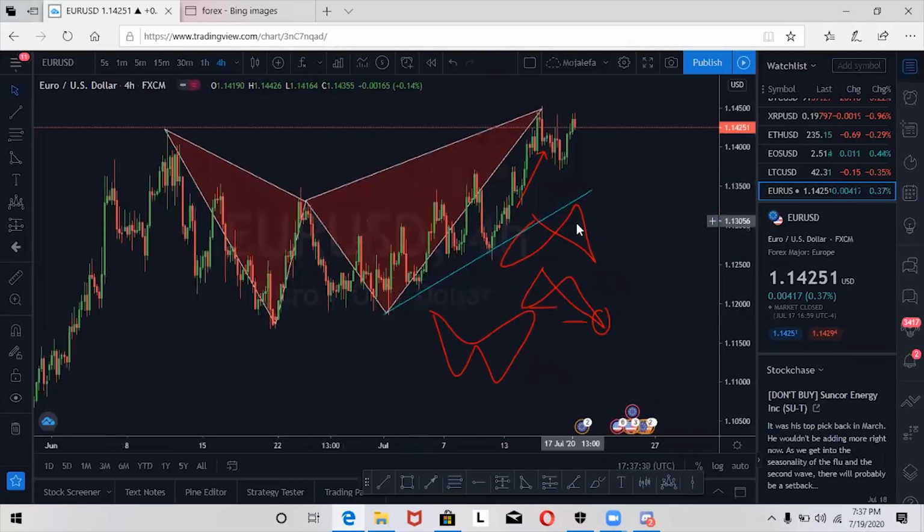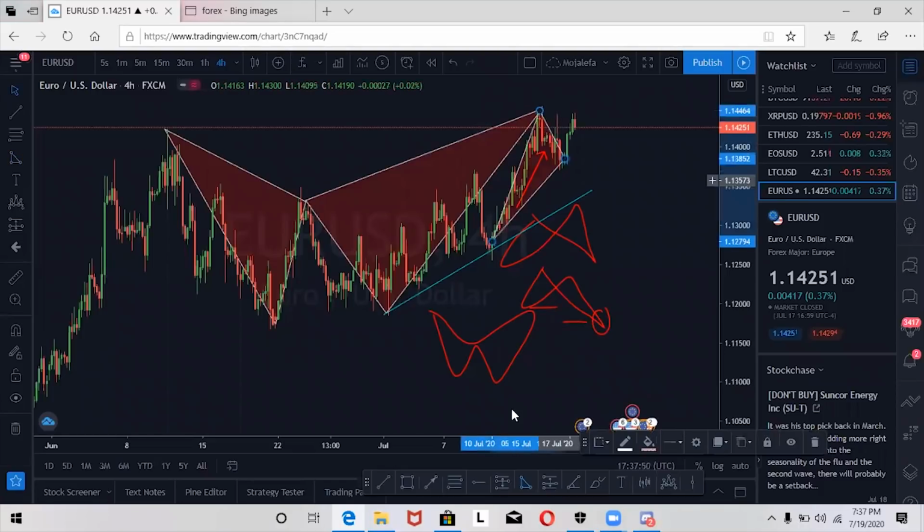Remember, I'm not going to be talking about the double bottoms, I'm going to be strictly using the harmonic language. So looking at this recent movement, I can see another harmonic somewhere here. You see, let me change the colors.